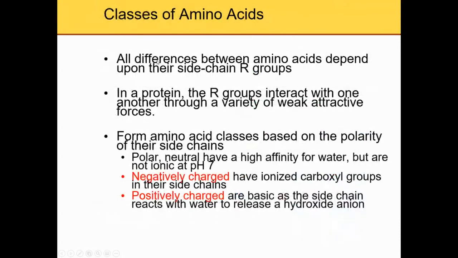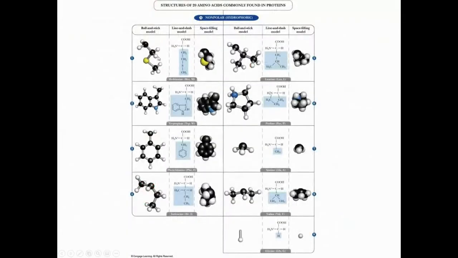That's because if we go to this slide, here's glycine. We have the amino group, the carboxyl group, and this is supposedly the side chain.